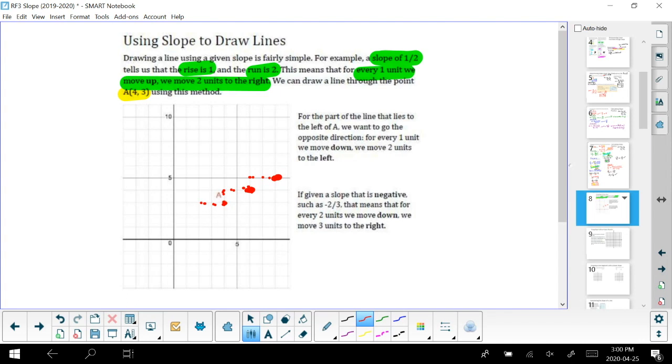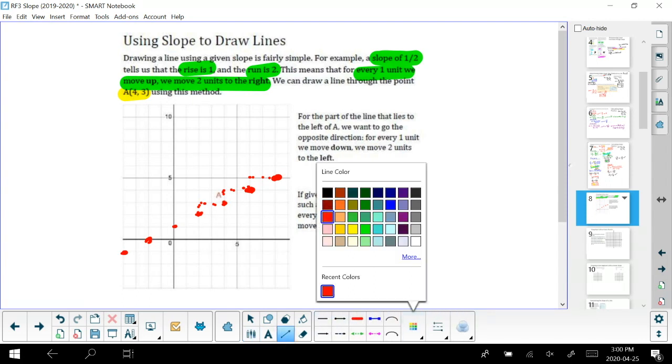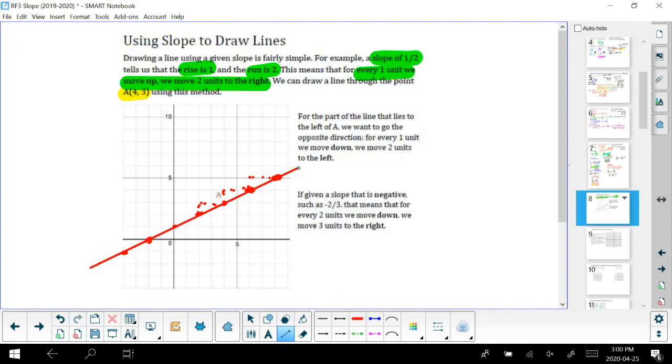And instead of going 1 up, I'm going to go 1 down. 2 left, 1 down. 2 left, 1 down. What that allows me to do is plot a nice straight line through all of those points that I just put on the graph there. And this is a line with a slope of 1/2.